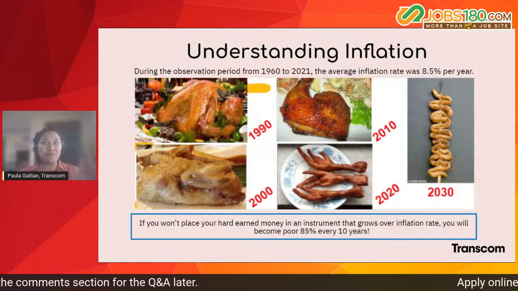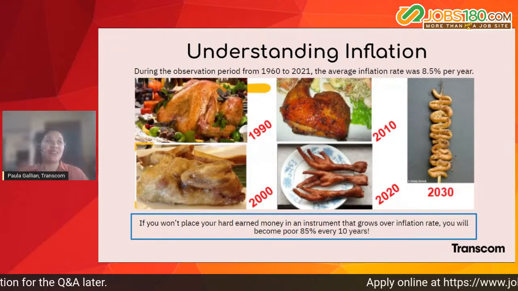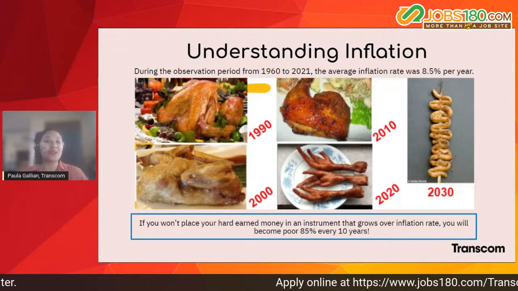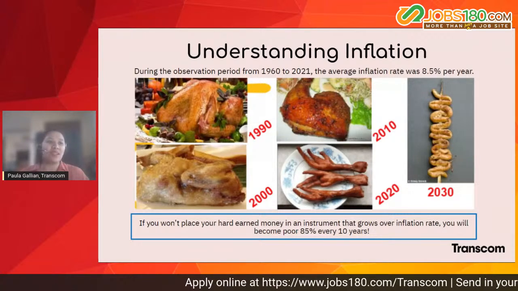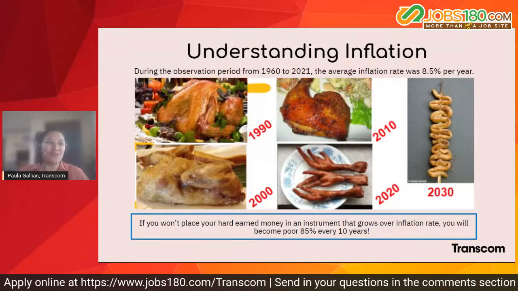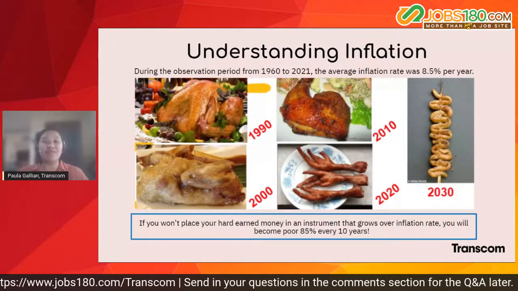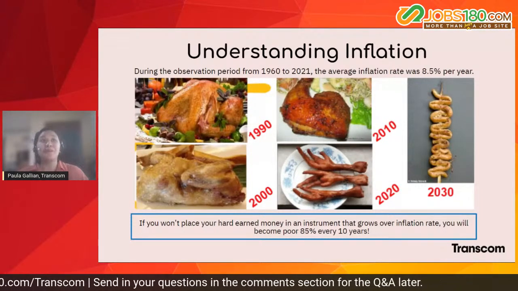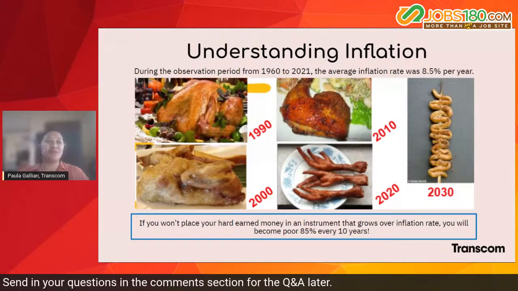It also resonates now that if you don't place your hard-earned money in a good instrument, then it will make you become poorer by 85% every 10 years because of the 8.5% per year inflation.